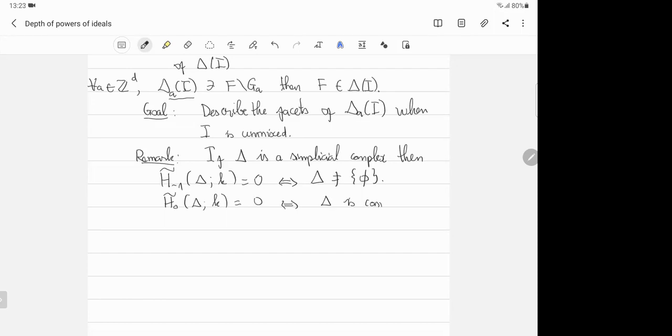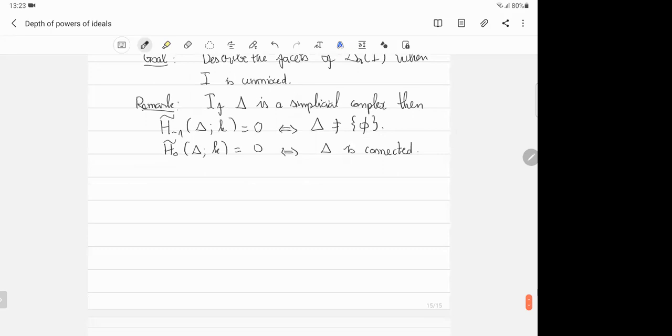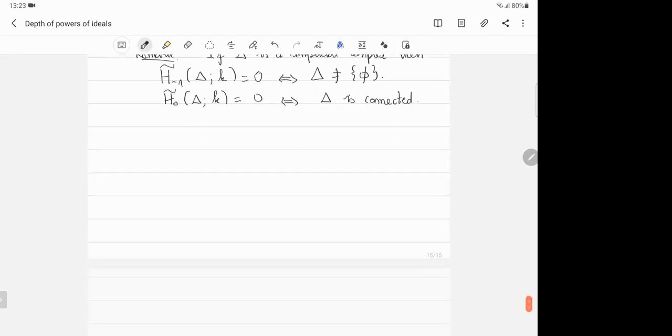vanishes if and only if delta is connected. Yeah? Meaning every two vertices of delta are connected by a sequence of one-dimensional faces. So for example, a complex with two facets like this is disconnected.